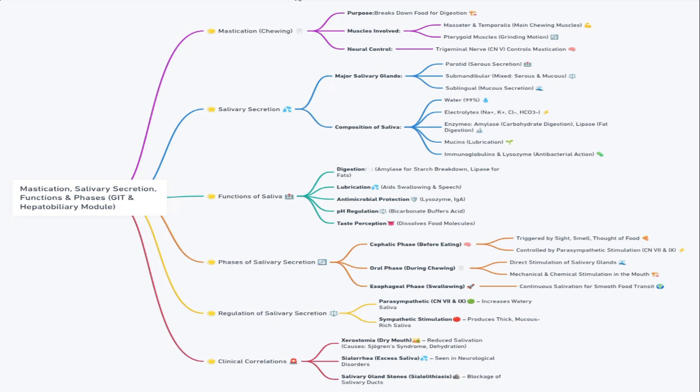Alright, so with the other components of saliva, like I said, the proline-rich proteins have antimicrobial and protective properties, and also lubrication.